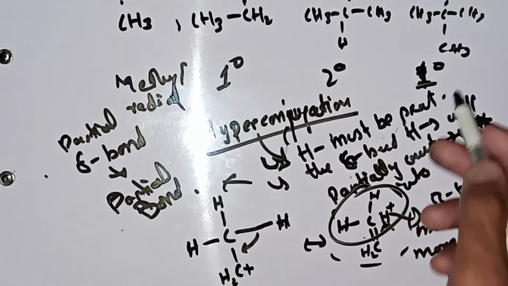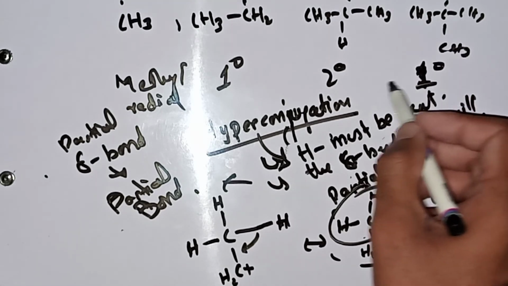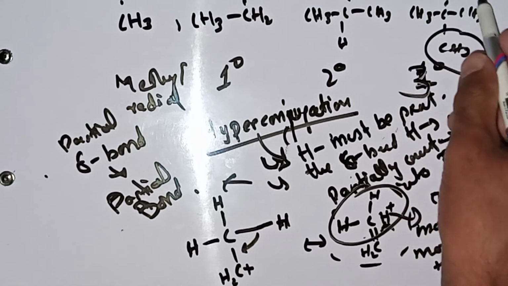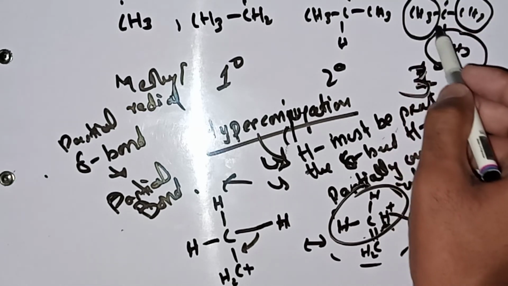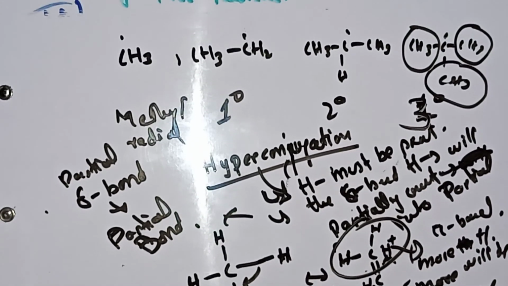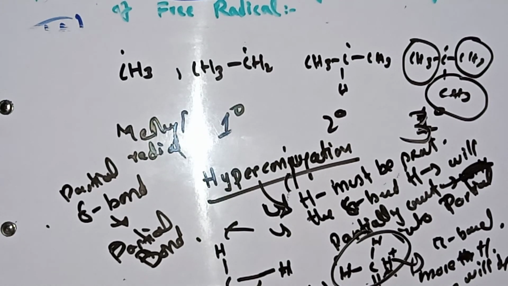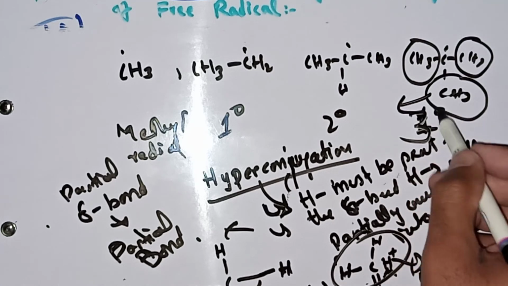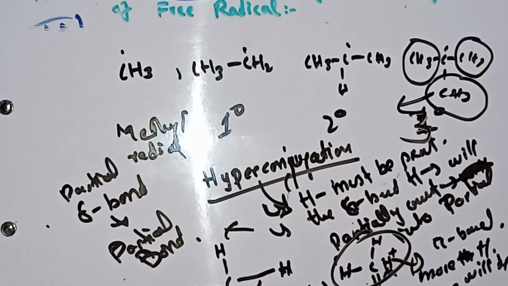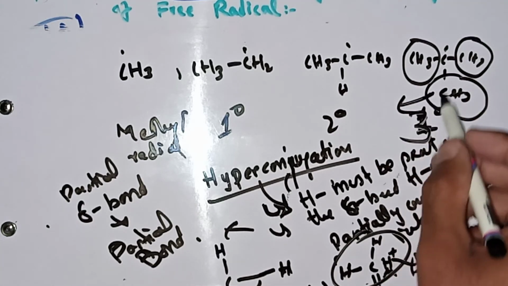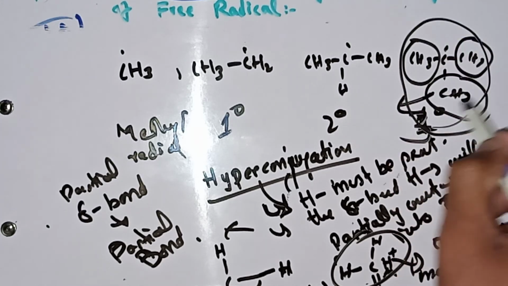Is it clear? So in the tertiary free radical, there are more hydrogens. Here 9 hydrogens are present, so all these hydrogens can take part in hyperconjugation. The more the number of hydrogens, the more hyperconjugation occurs, and the more hyperconjugation occurs, the more stability.